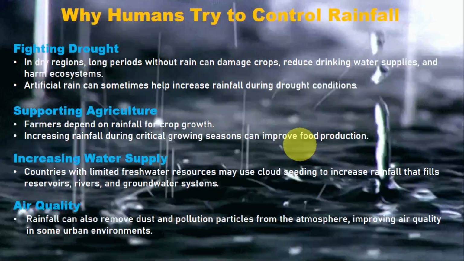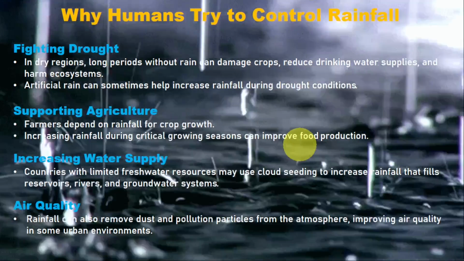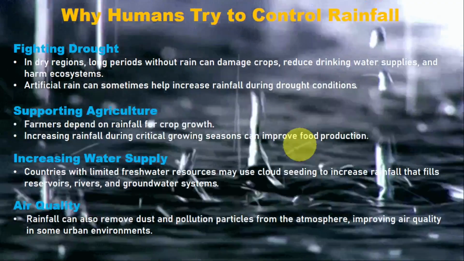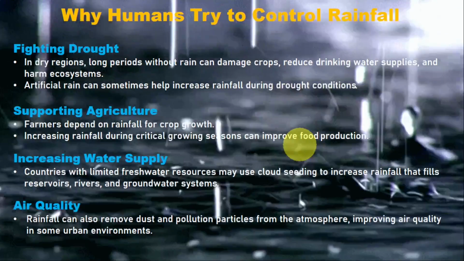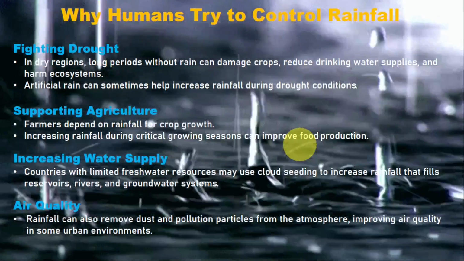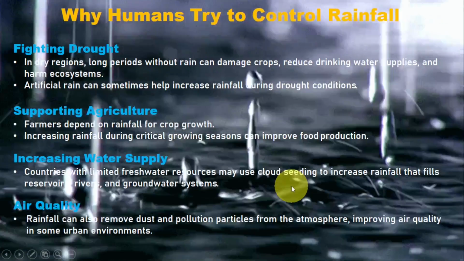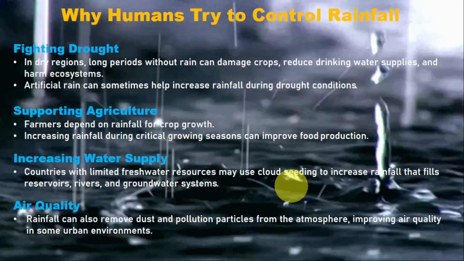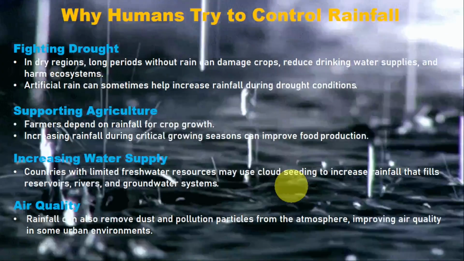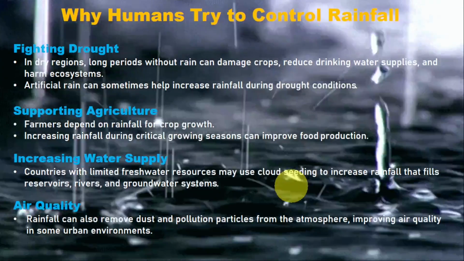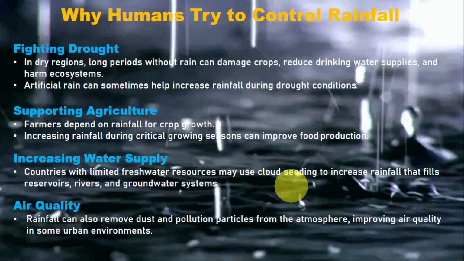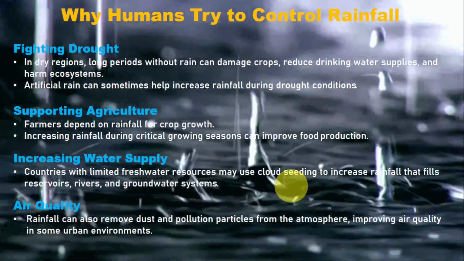So artificial rain can sometimes help increase rainfall during these drought conditions. Controlled rainfall can support agriculture because farmers depend on rainfall for crop production. Therefore, increasing rainfall during critical growing seasons can improve food production.